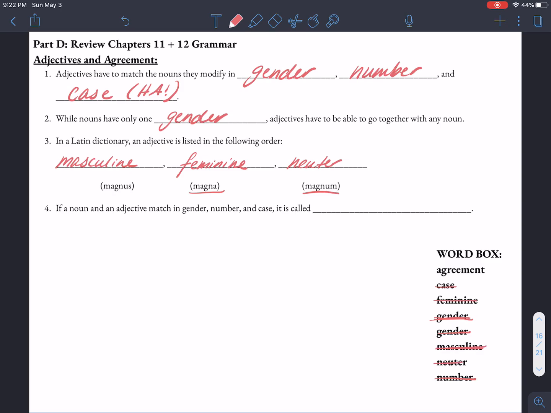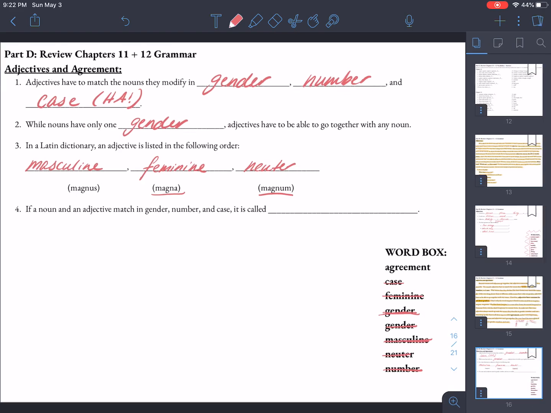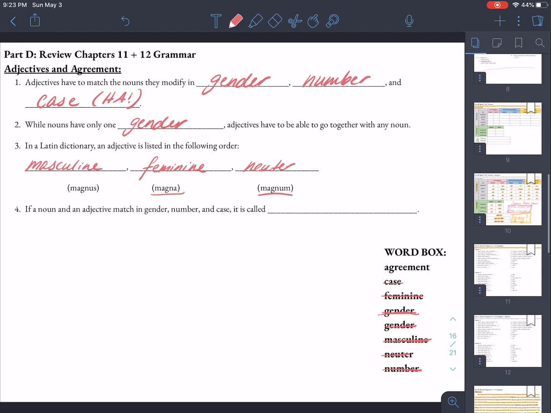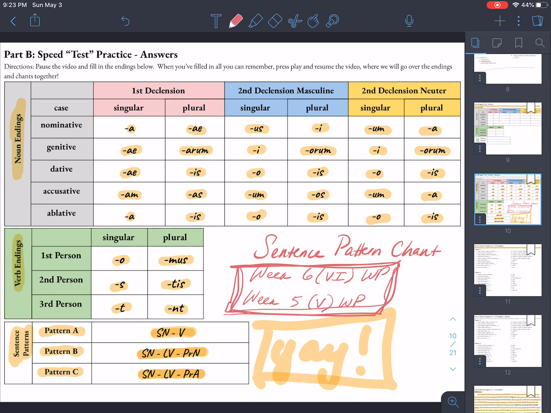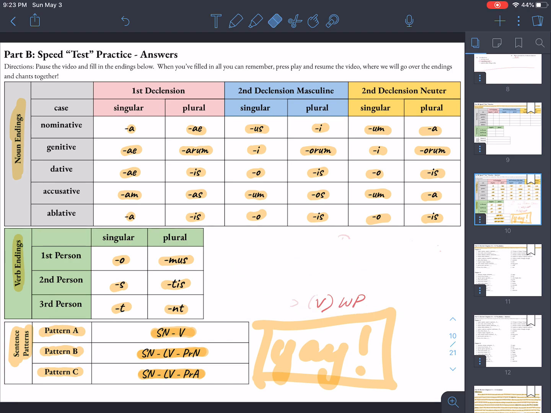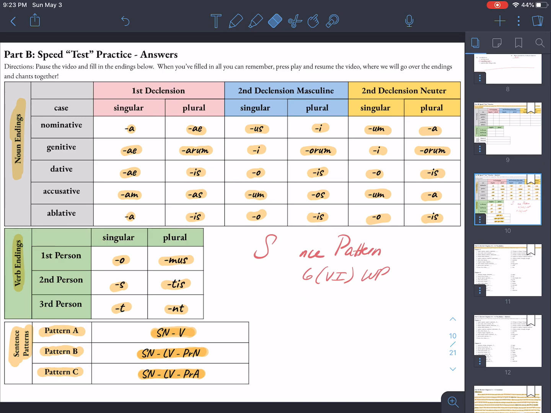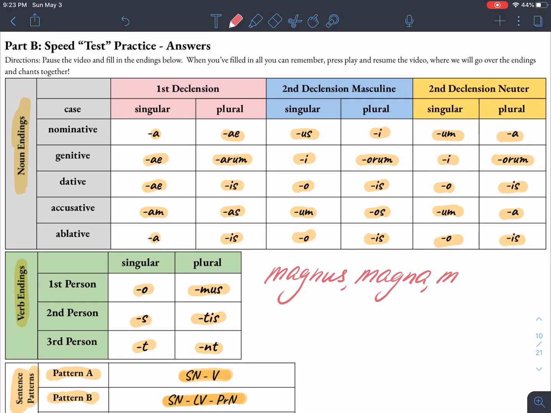I am going to just go back real quick to show you how that works. So we're going to delete this right now. We don't need that. Okay, so let's take a look now. Our adjective is magnus, magna, magnum. Let's look at the endings now. Magnus, magna, and magnum. Us, a, um.